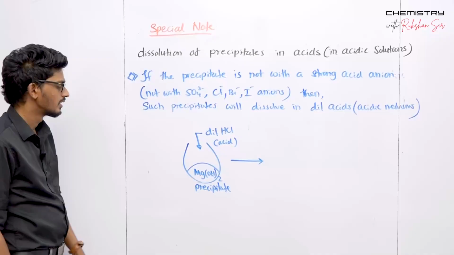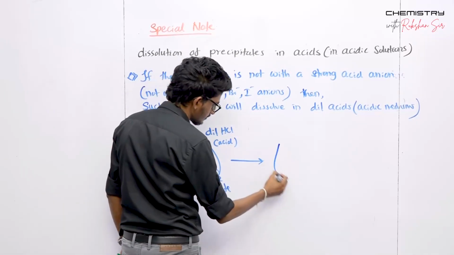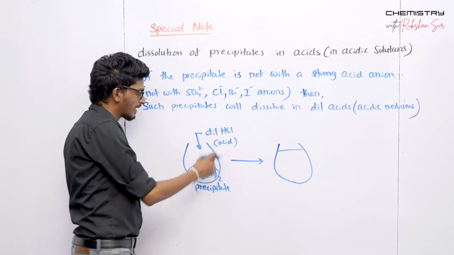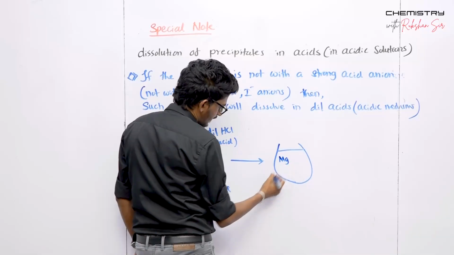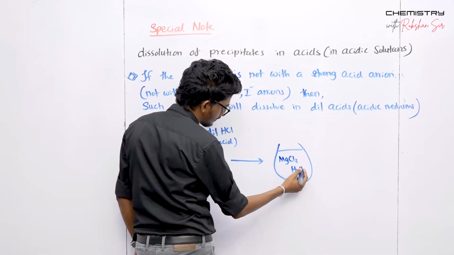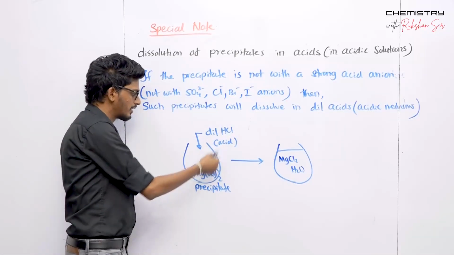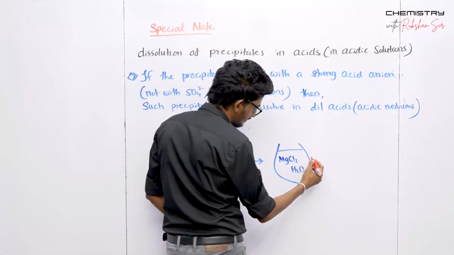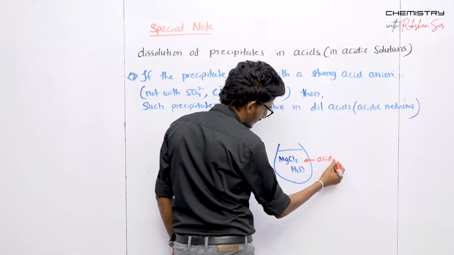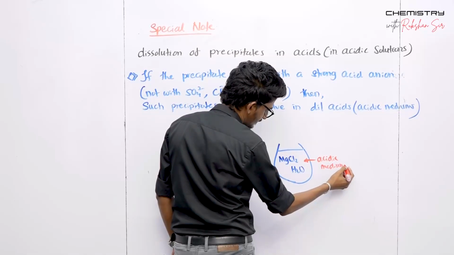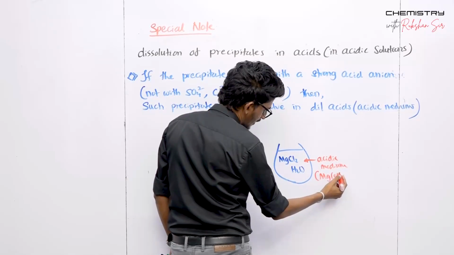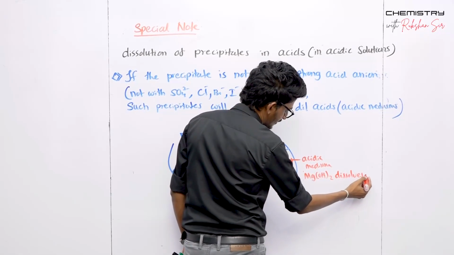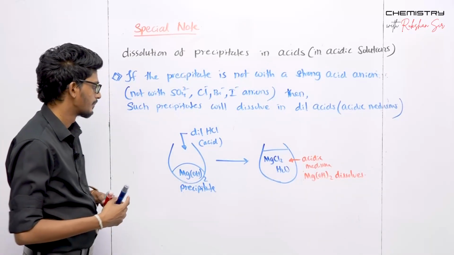Actually, this one will dissolve, forming what? Forming magnesium chloride and water. So in acidic medium, magnesium hydroxide dissolves. Precipitation won't appear.